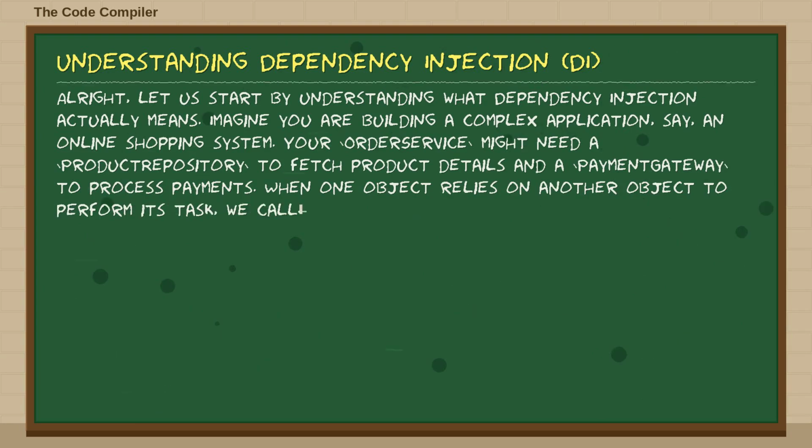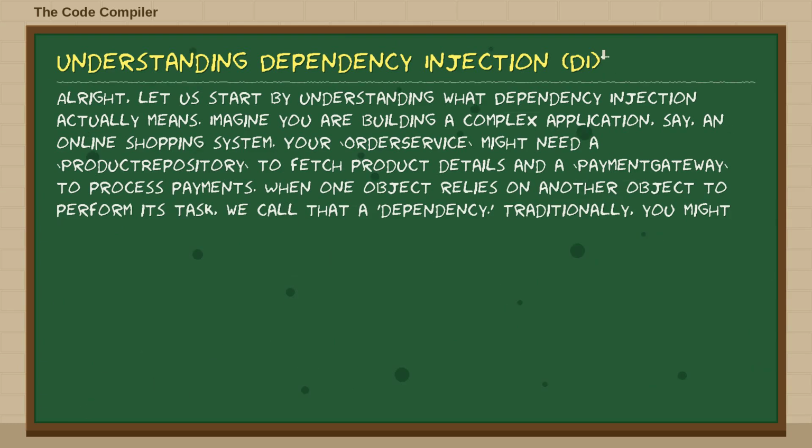When one object relies on another object to perform its task, we call that a dependency. Traditionally, you might create these dependencies inside your order service using the new keyword. However, this creates tight coupling, making your order service difficult to test independently and hard to change if, for example, you want to switch from one payment gateway to another.